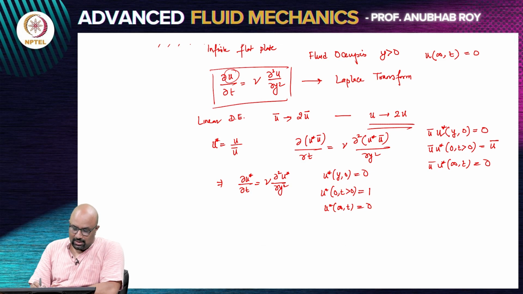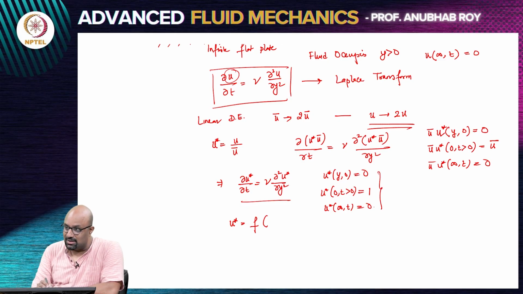Now, to solve this, we can say that whatever we do, the solution here will depend on three quantities. You have a differential equation where there are independent variables y and t, and the boundary condition is either 0 or 1, and there is this kinematic viscosity, which means your solution can only depend on these three variables.